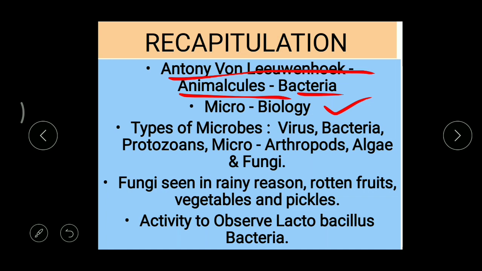Types of microorganisms: viruses, bacteria, protozoans, microarthropods, algae, and fungi. Fungi can be seen especially in the rainy season over rotten fruits, vegetables, and pickles. Then we even learned an activity on how to observe lactobacillus bacteria in buttermilk and curd.